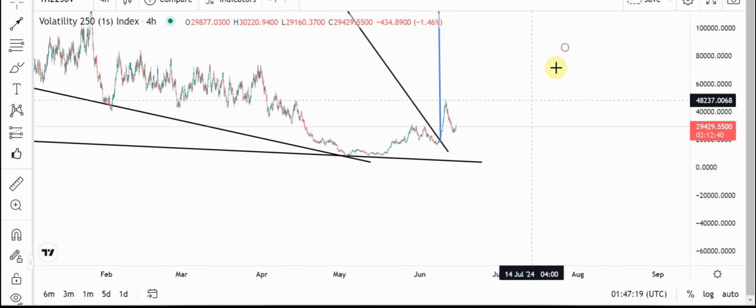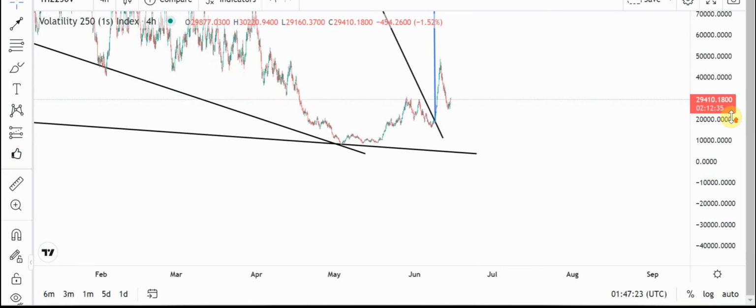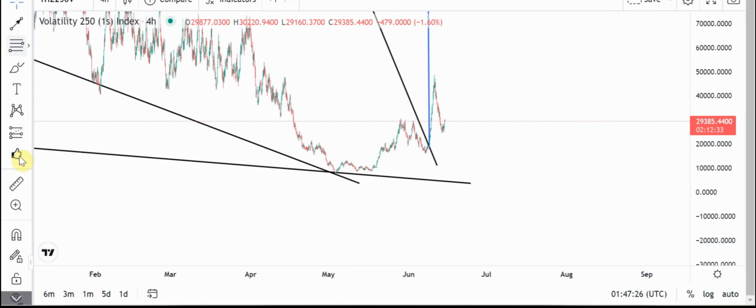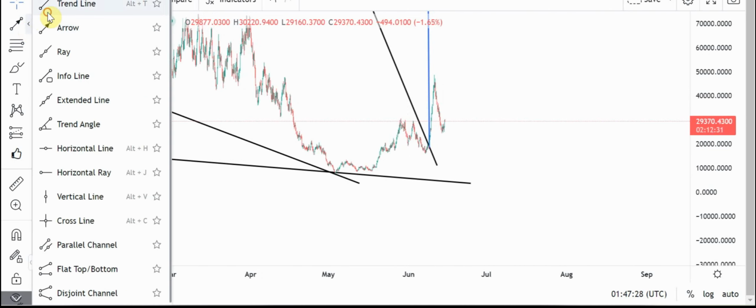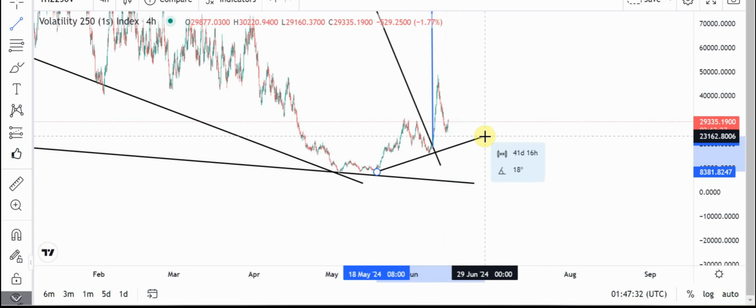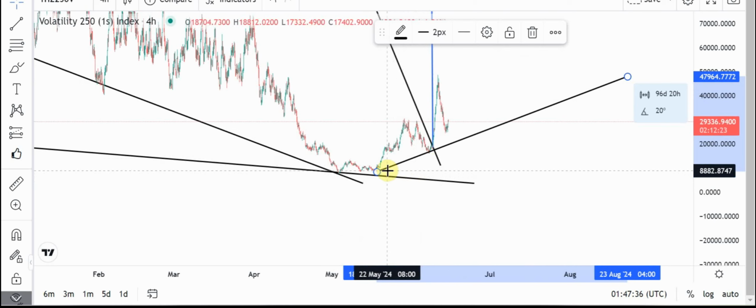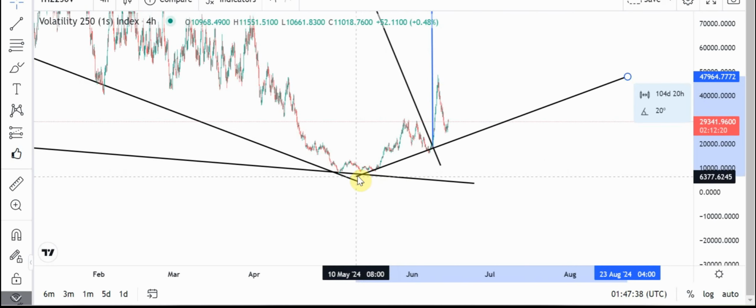What trend line is being respected here is quite easy to trace. Let's follow this one and see. So we have this as a possibility. Okay, so we have this possibility here.